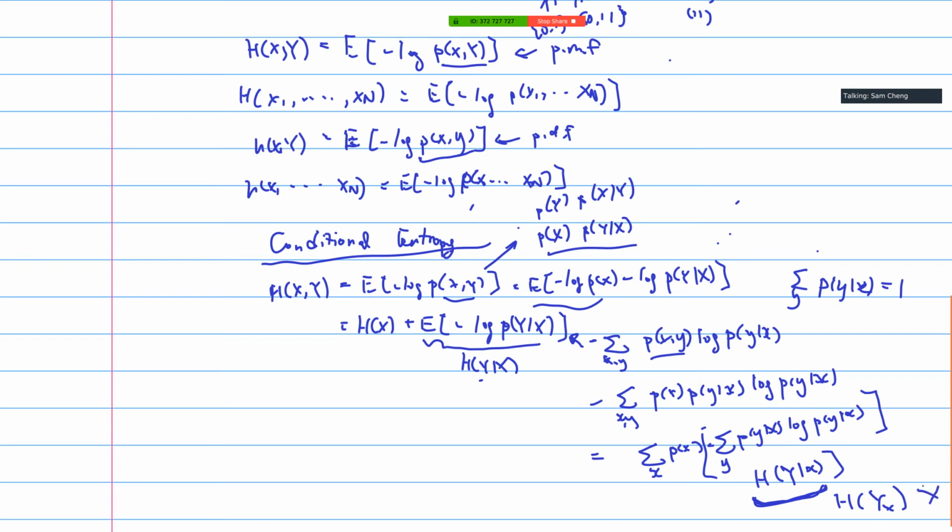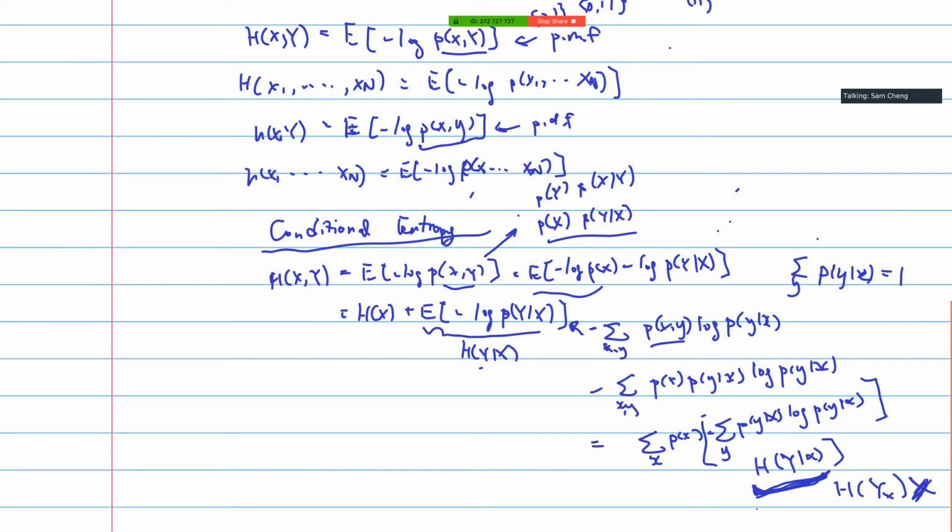But no one uses this convention, by the way. It's not a notation that you will see, no one will use that. But you can really think of it that way. Then it's just equal to this one here, right? Therefore the conditional entropy defined this way is just the average of the entropy of y given small x, averaged over the distribution of x. So it's very natural, really very, very natural.